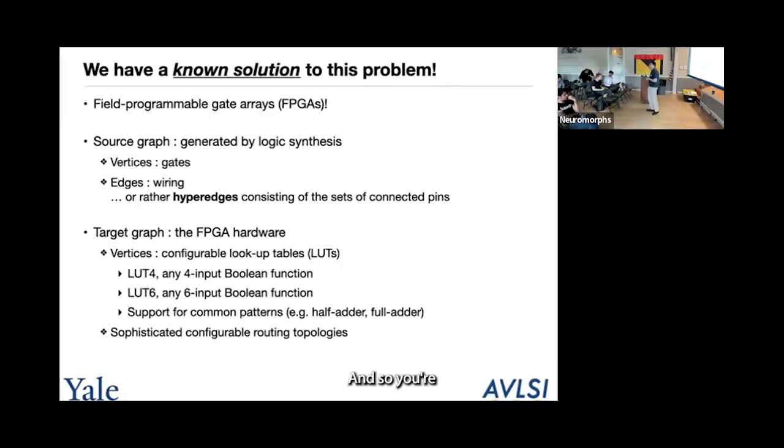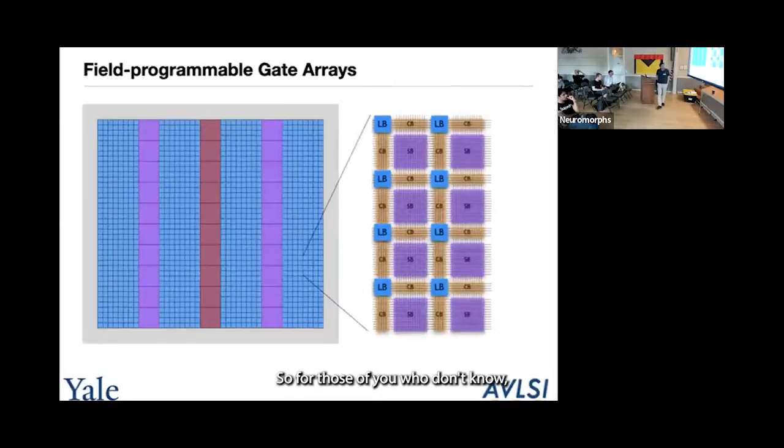So we're just going to reuse those results. What I'm going to show you is how we do this. For those of you who don't know, this is my cartoon view of an FPGA, what FPGA hardware looks like.